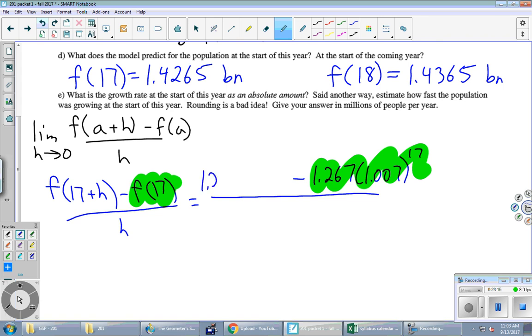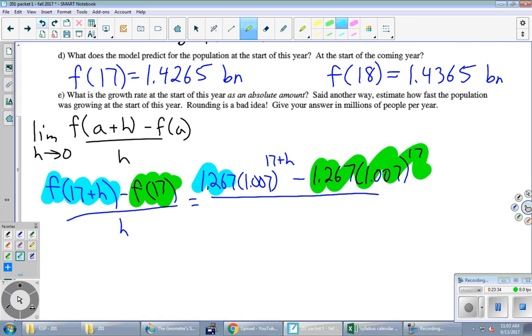So it is 1.267 times 1.007 to the what? 17 plus h. That's it. You are substituting, replacing t with 17 plus h. We're not adding h at the end. Okay, so this piece right here is now this piece right here. And then I'll copy my h on the bottom.